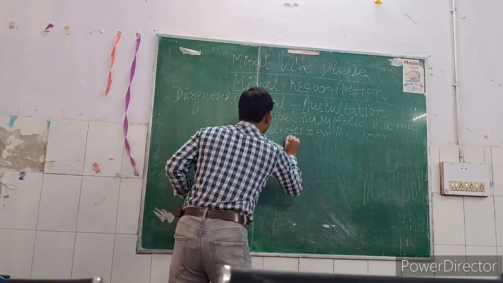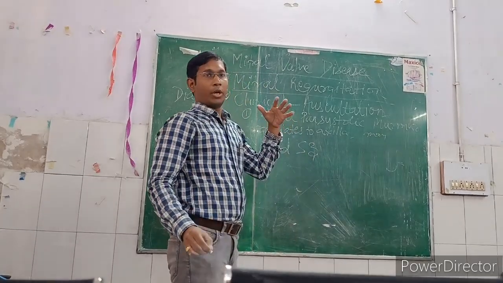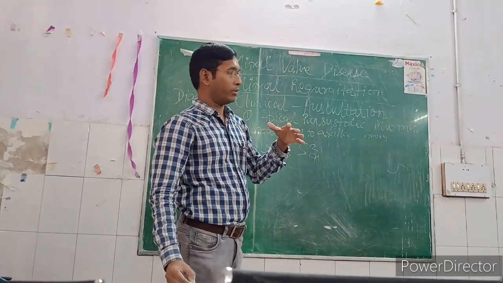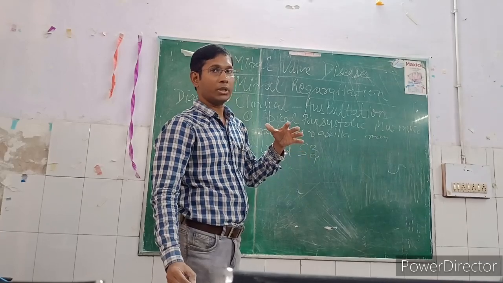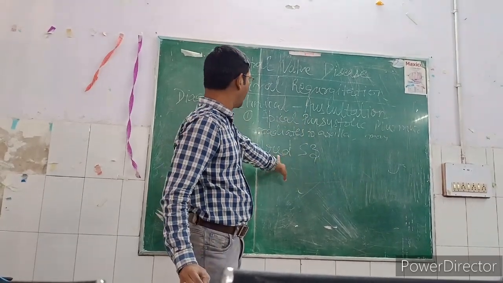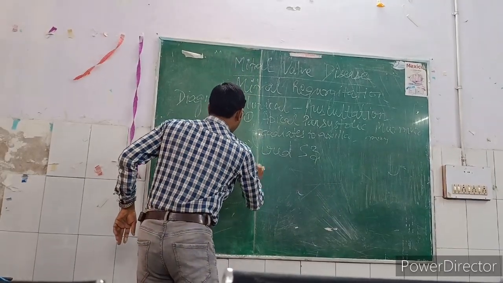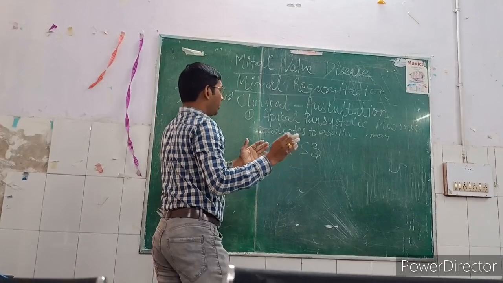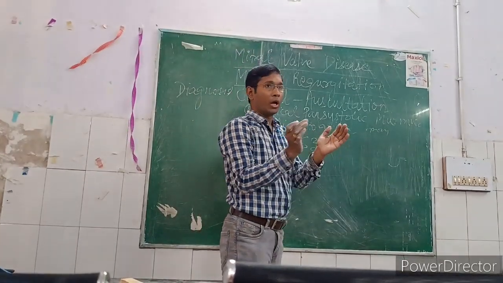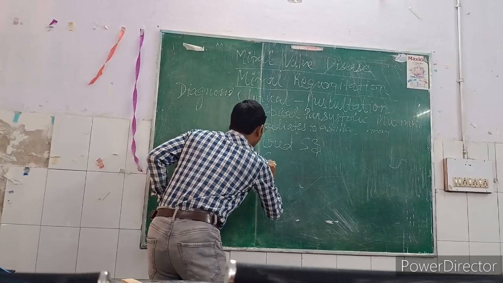Number two, loud S3, because of the forceful filling of the left ventricle. There is vibration of the left ventricular wall, and that creates a loud S3. And since in a regurgitant lesion the valve ring is already dilated, S1 will be soft.